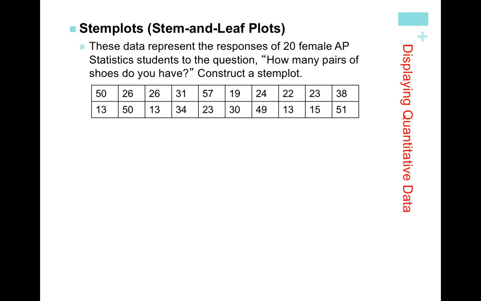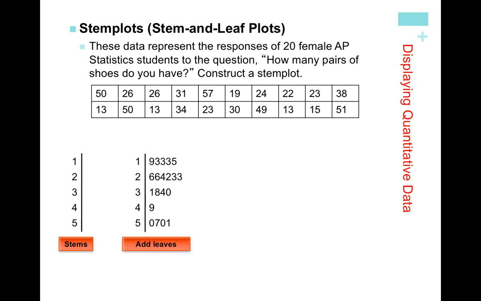Since everything is in the tens, we can use the tens digit as the stem, and then the ones as the leaf. So here we have data that ranges from, it looks like about 13 is the smallest, up to 57 is the largest. So 10s through 50s means that our stems here are going to be 1 through 5.